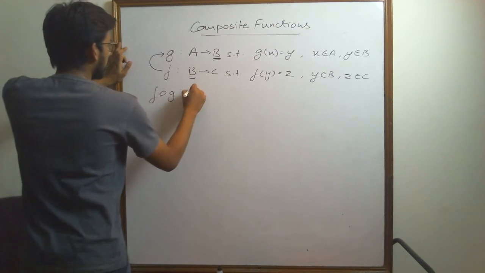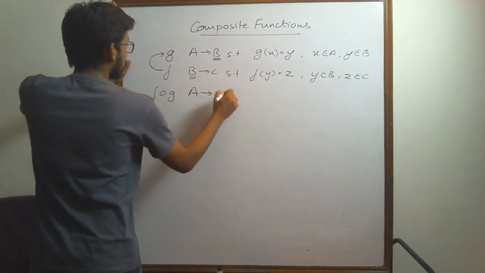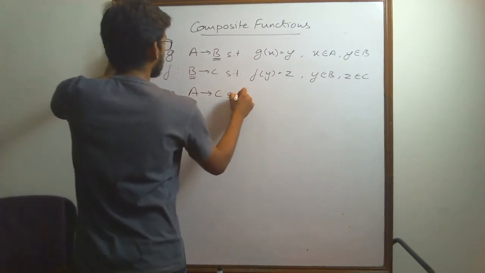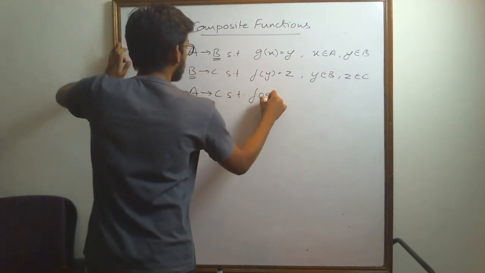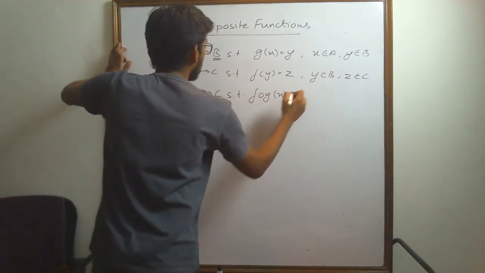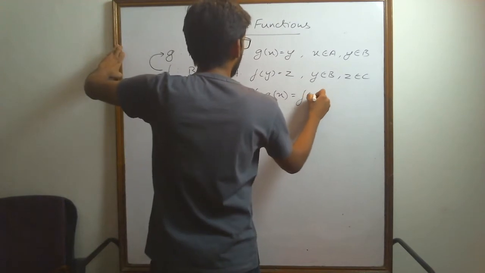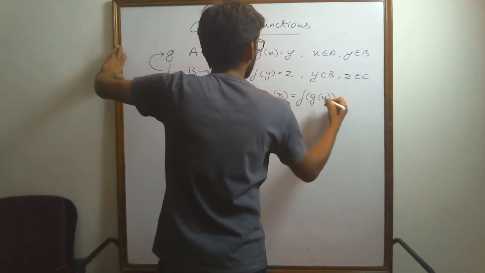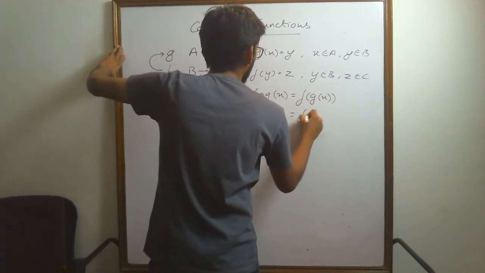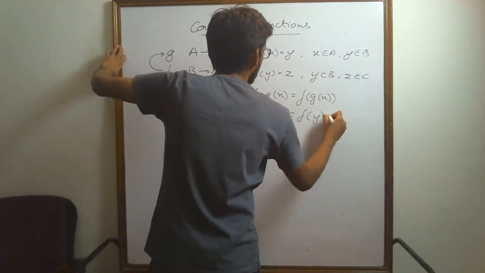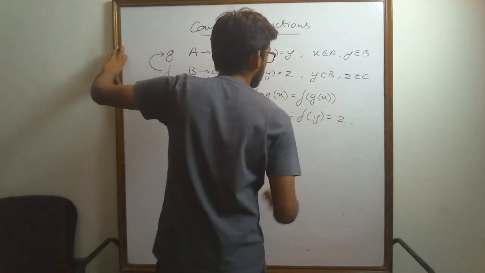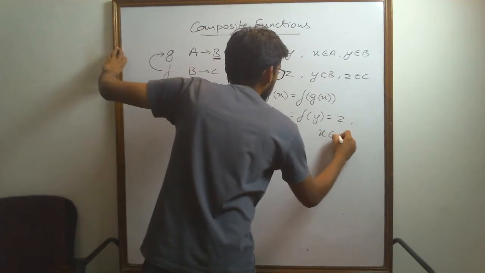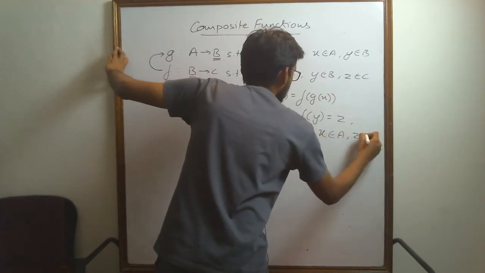It will be defined from the set A to the set C such that FOG of x is equal to f of g of x, which is equal to f of y, which is equal to z, where x is an element of A and z is an element of C.